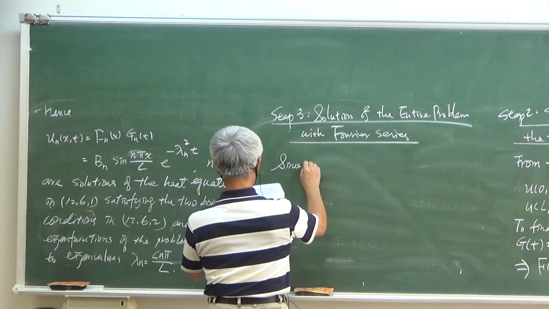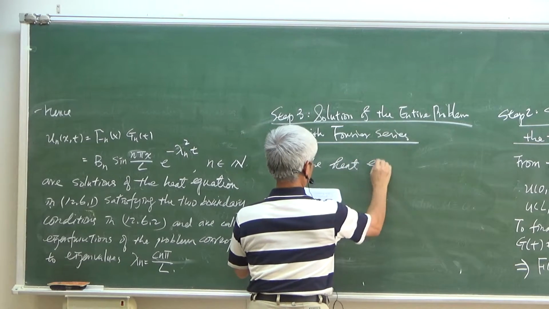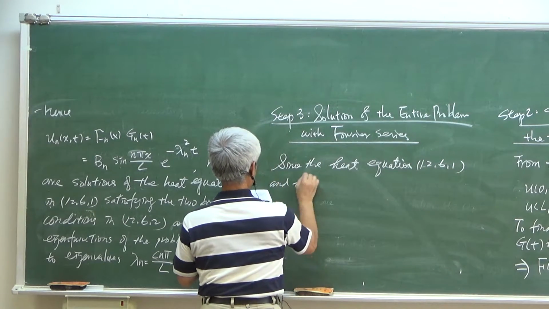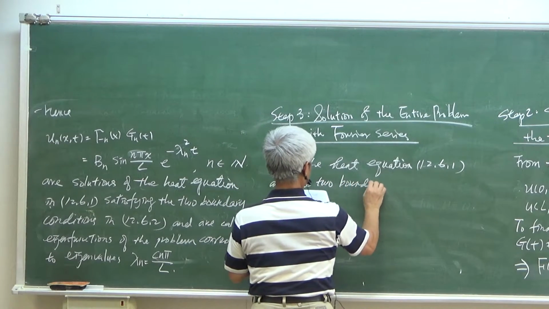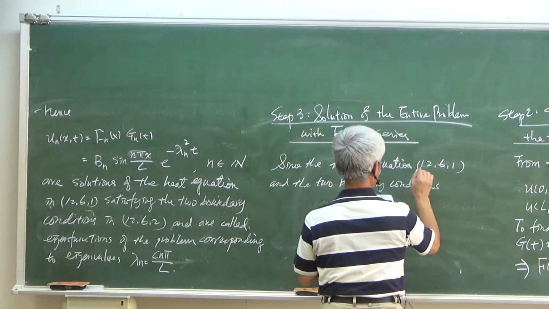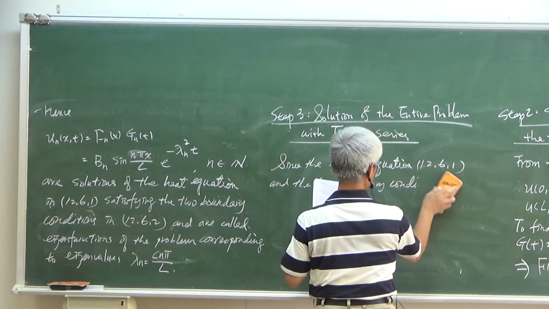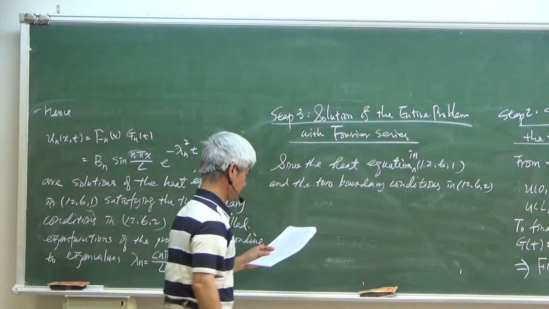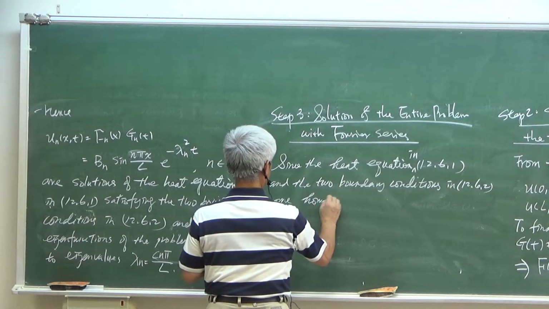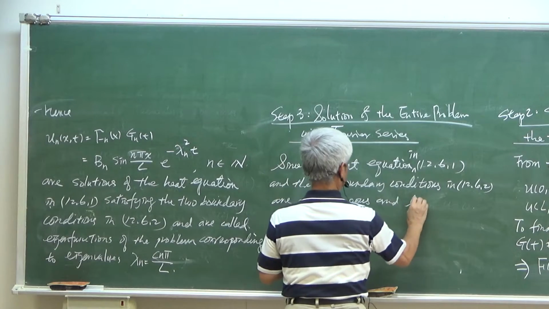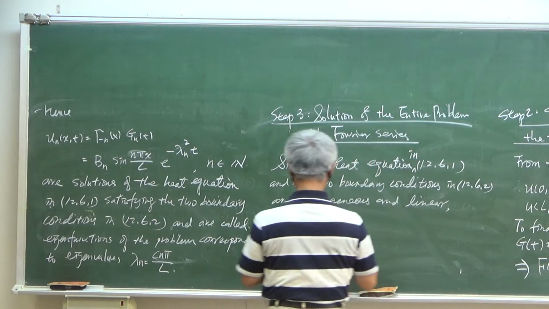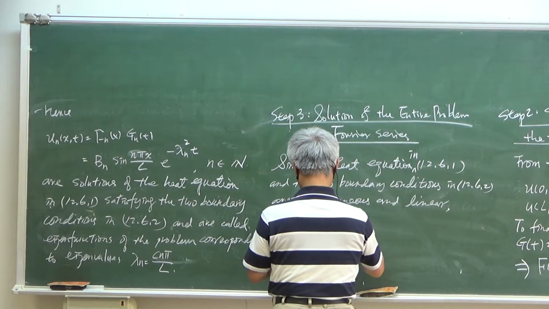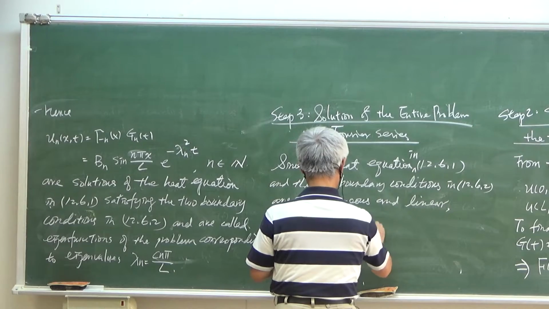So again, since the heat equation and the two boundary conditions are homogeneous and linear, okay, we can superpose the eigenfunctions.